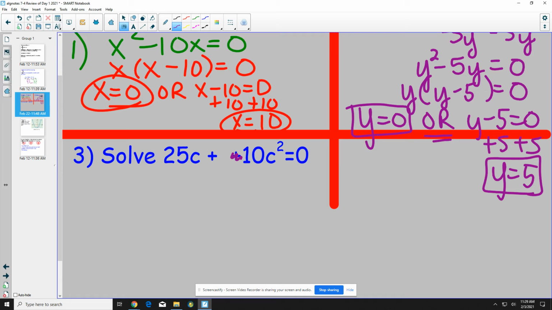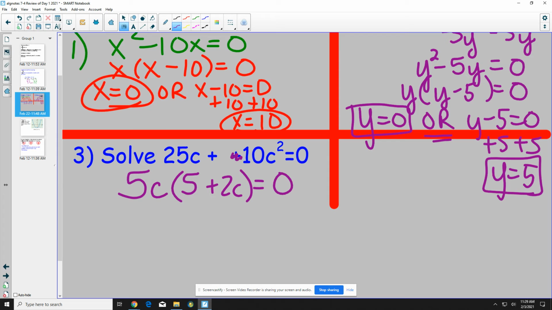Well, the number that goes into 25 and 10 is 5, but they both have a c in common. So I can factor out a 5c. In parentheses, I'm going to write down what I have left. Well, what do I multiply by 5c to get 25c? 5. And what do I multiply by 5c to get 10c squared?